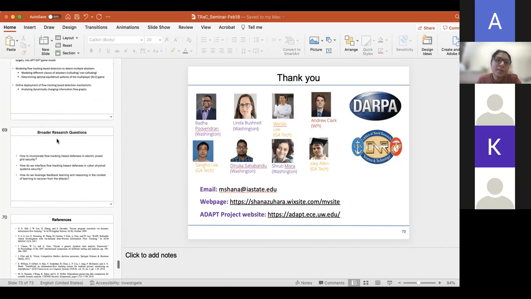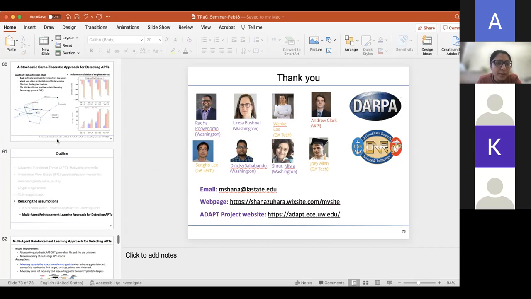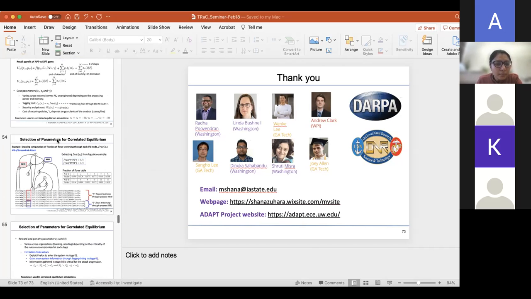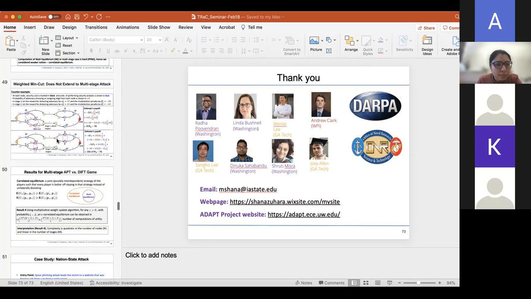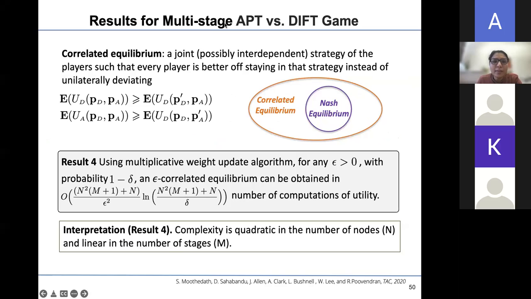Sure. It is a learning algorithm. Let me go to that slide here. What we consider is that the strategies could be coming from a possibly interdependent set.